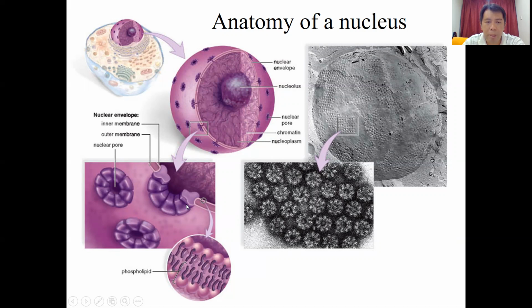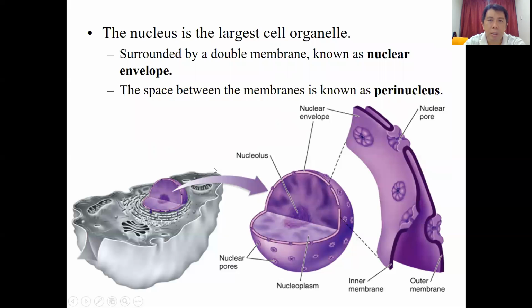The nuclear membrane consists of a phospholipid bilayer, so there are two membranes here. The nucleus is the largest cell organelle, as you know, and it is surrounded by the nuclear envelope, which is the double membrane.